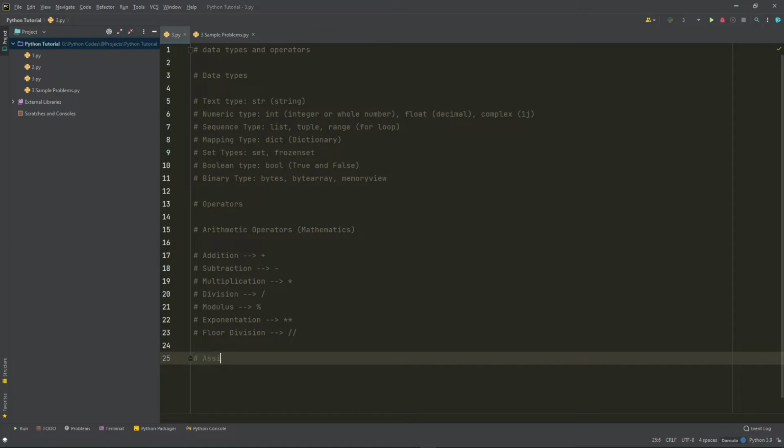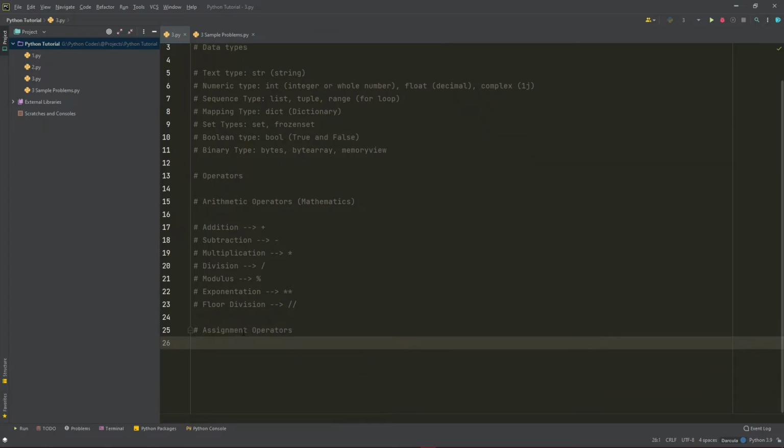Specifically in assignment operators. Now, we basically used variables already earlier, right? So we have the assignment operator, that's basically the equal sign. This is for assignment of a variable.